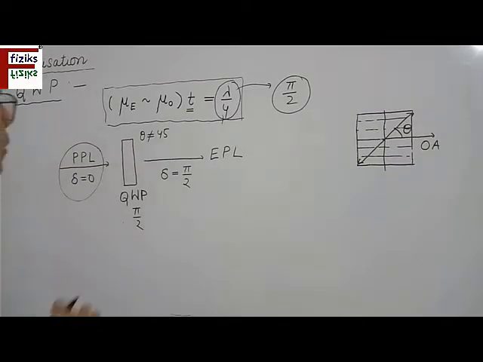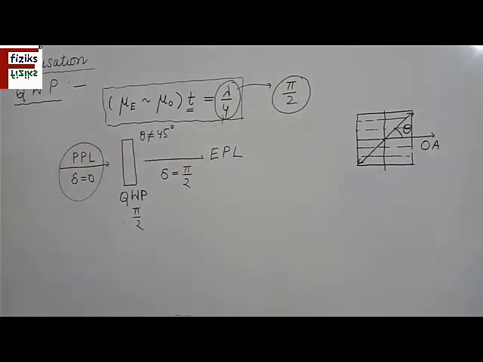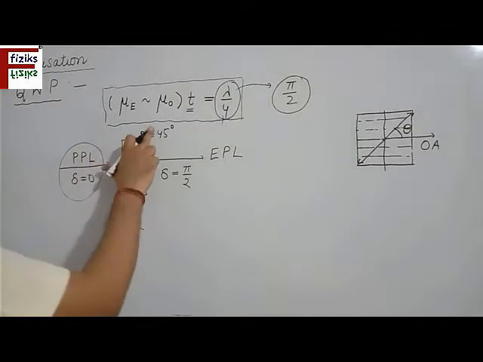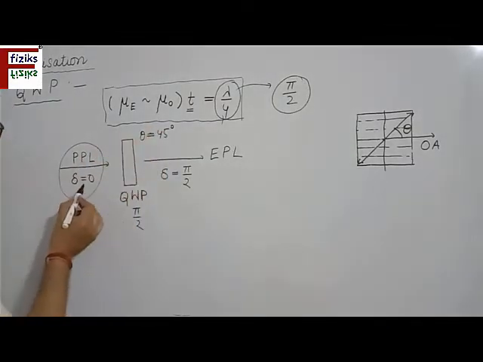If theta is not 45 degrees, then on the emergent side we will have elliptically polarized light. This is the first application. So with the help of this quarter wave plate, we can produce elliptically polarized light. Now if this theta becomes 45 degrees, then the phase will still remain.